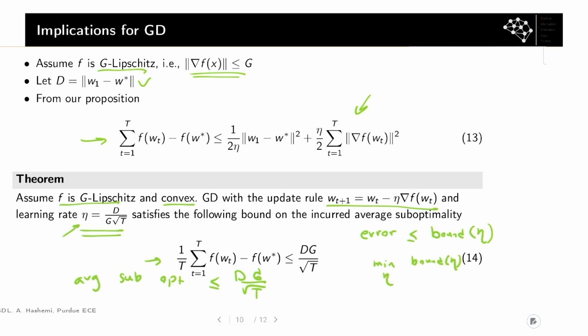We have found the best constant step size. Okay? And this is a very simple optimization problem. It turns out that the bound as a function of eta is equivalent to minimizing a quadratic function. So by just taking the gradient of that, you should be able to find the step size.